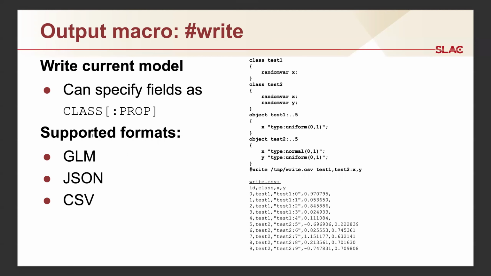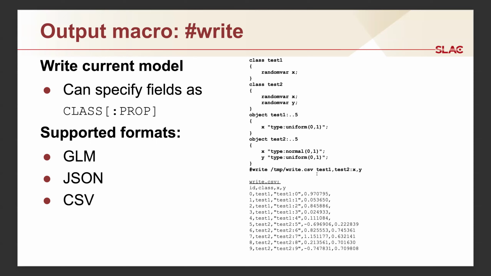The write macro allows you to generate data from the model at any point in time during the loading process. Be careful, that is the model at the time it's encountered in the loading process. It's not the model at the end of the loading process. If you want to do that, you should use an on create or on init event to capture the state of the model after creation is completed or after initialization.